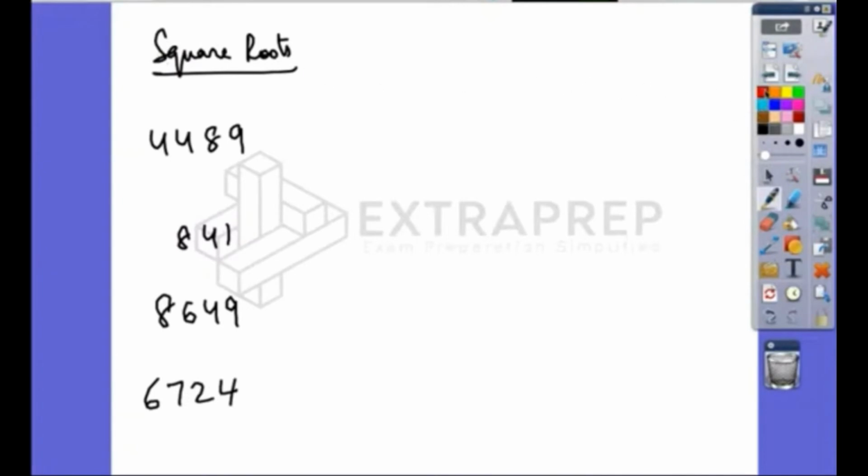Now square is power what? Power 2, right? So from the right hand side, after 2 places take a bar.